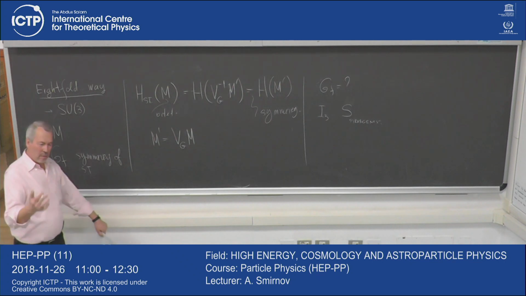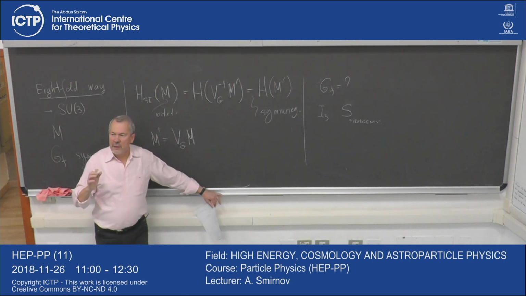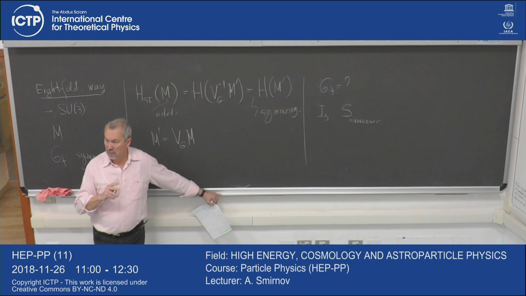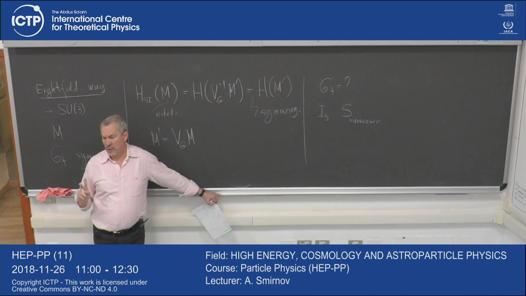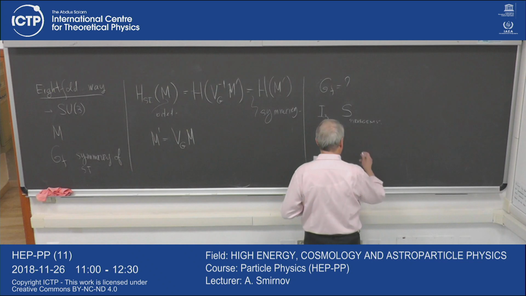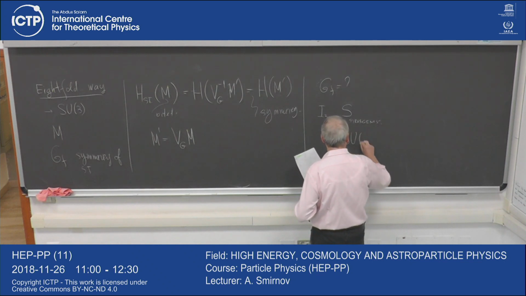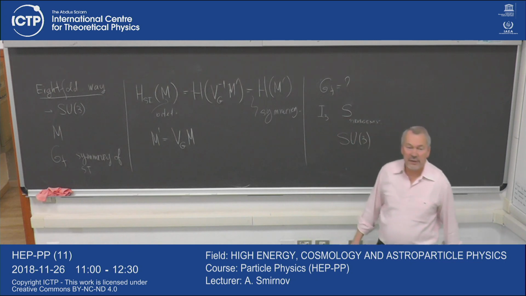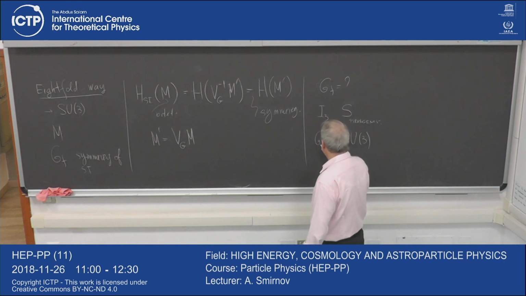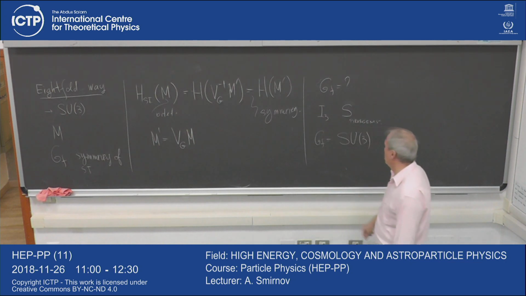Doing this mapping onto group theory, we need a group which has two diagonal generators, which has rank 2, not just 1 like SU2. And therefore SU2 certainly doesn't work. The simplest way is to try SU3. The SU3 group has two diagonal generators. We can try, as always, a trial, and see what will happen, as the symmetry group, this GF. So GF is SU3.